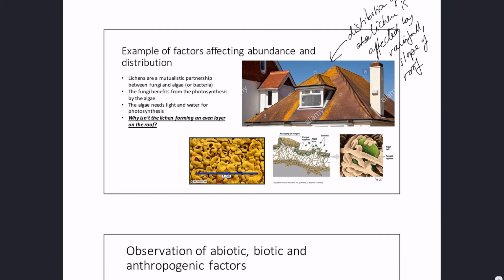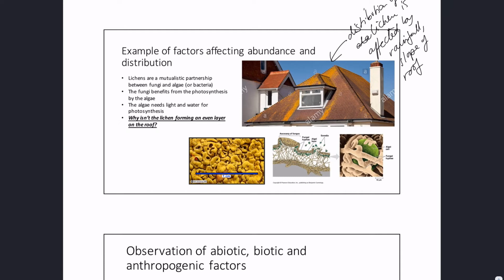So the abiotic conditions in this case are affecting where the lichen can grow more. So this is an example of an abiotic factor. So this is what we need to consider.